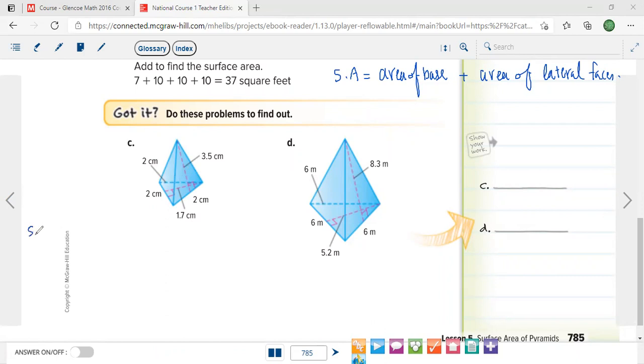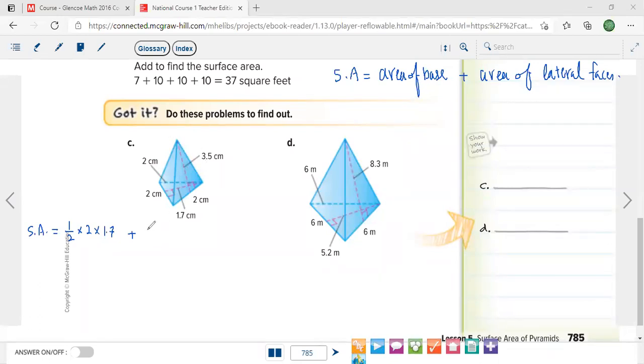Surface area equals the area of base. The base is shaped like an equilateral triangle that has a base of 2 and a height of 1.7. So it is half times 2 times 1.7. Of course, I put half here because this is the area of a triangle. Plus 3 faces.